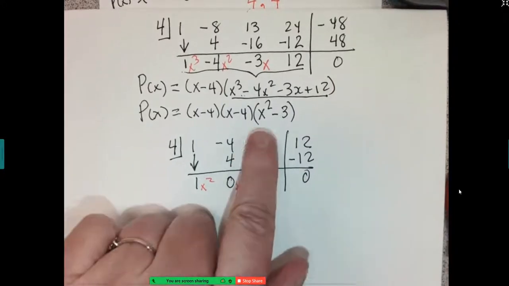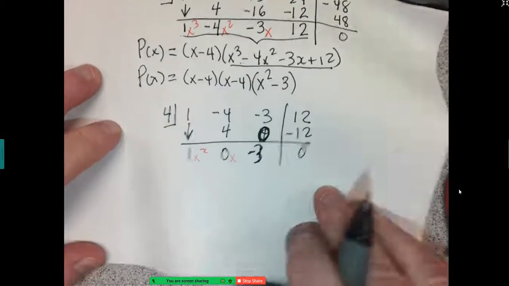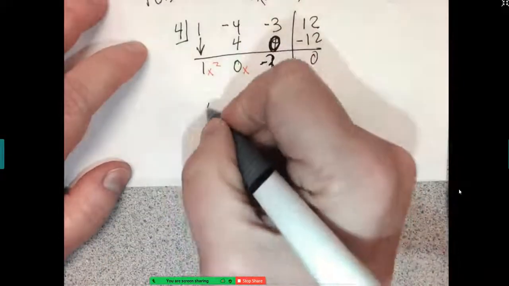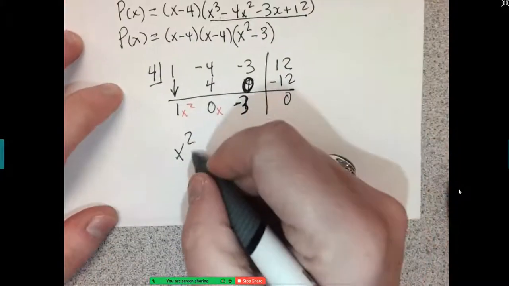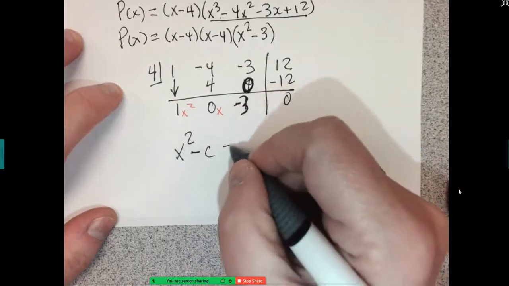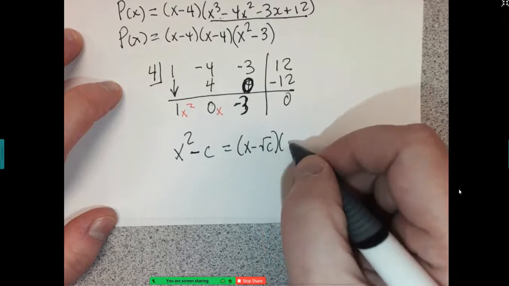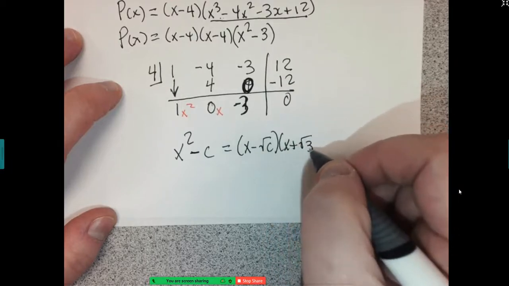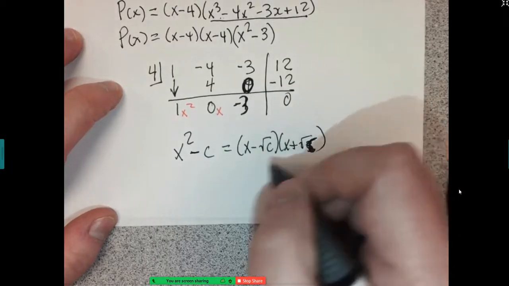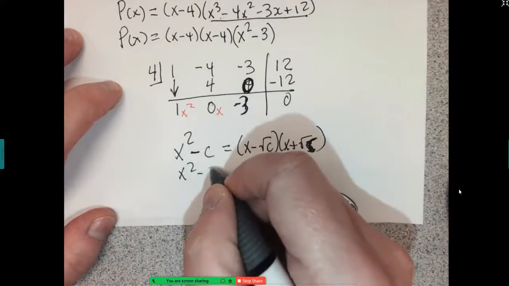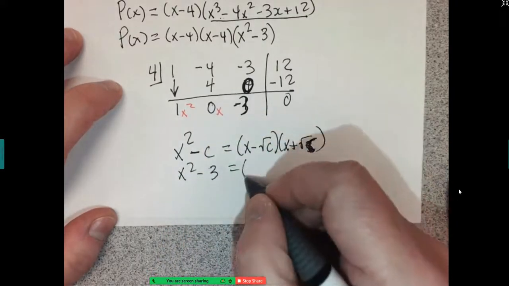Now, it's been said before, if you have x squared minus a number c, that always factors as x minus the square root of c times x plus the square root of c. So if I have x squared minus 3, I can factor that.